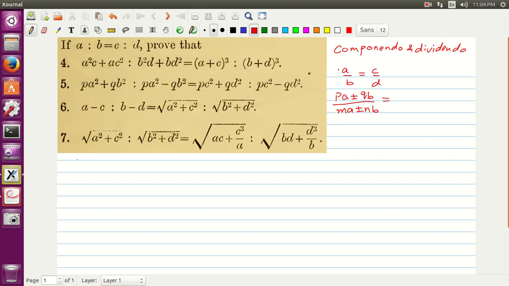Now what it says is whatever we have done on the left hand side, if we do the same operations on the right hand side, then we get equal ratios.